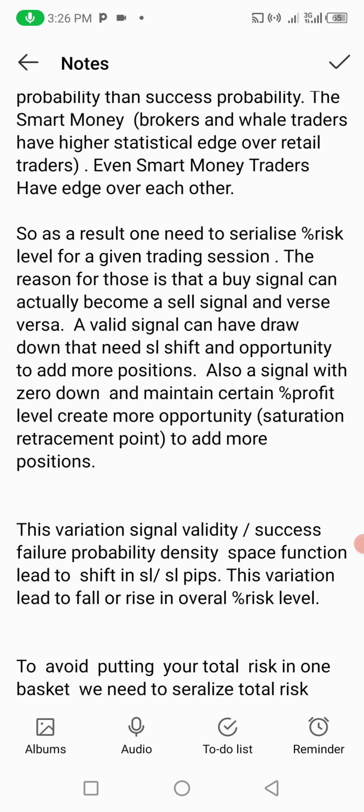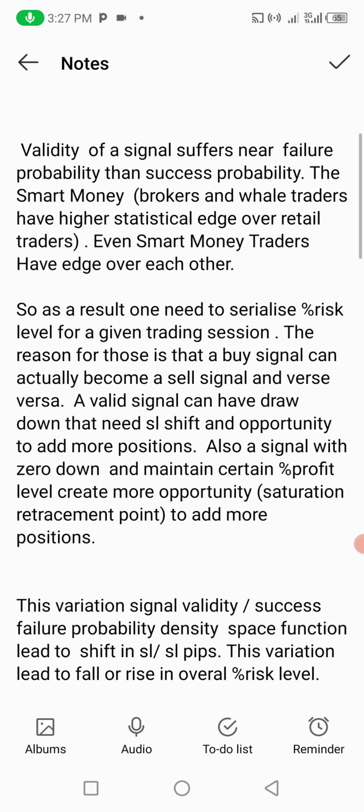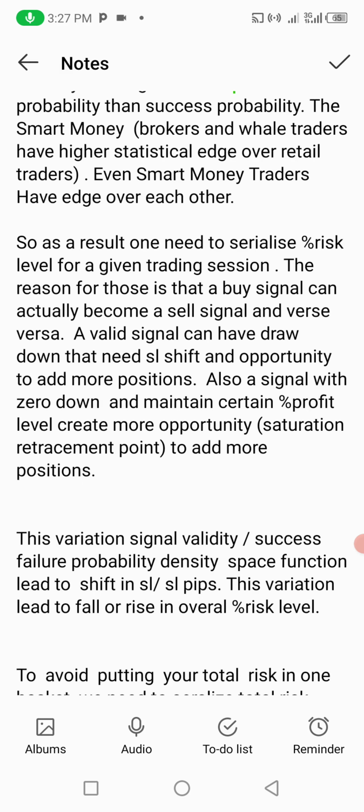If JP Morgan is longing and Goldman Sachs is shorting, and overall market direction is actually longing, Goldman Sachs will lose money. So you can see that JP Morgan has statistical edge, or even BlackRock can have statistical edge over another. That's why I'm introducing this topic, because of the differences in statistical edge.